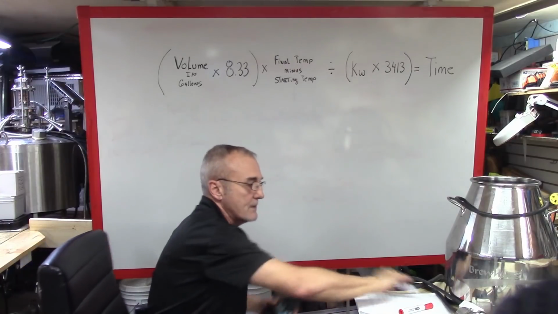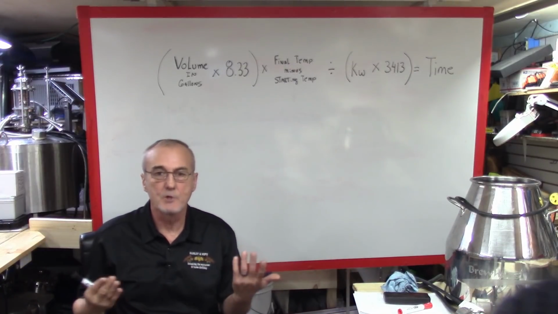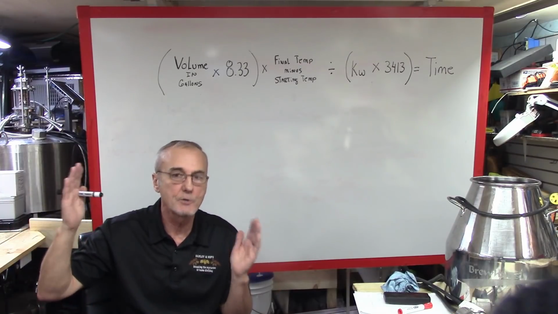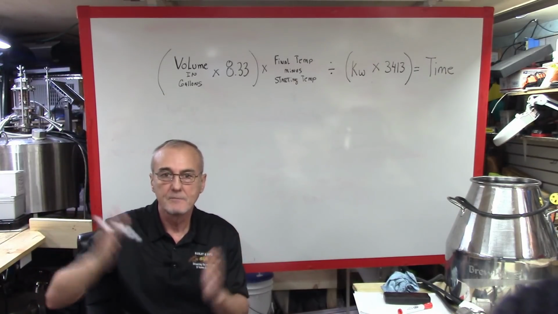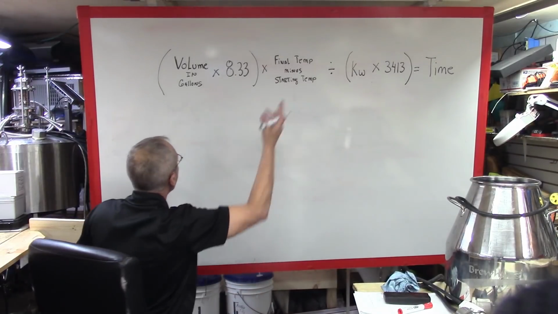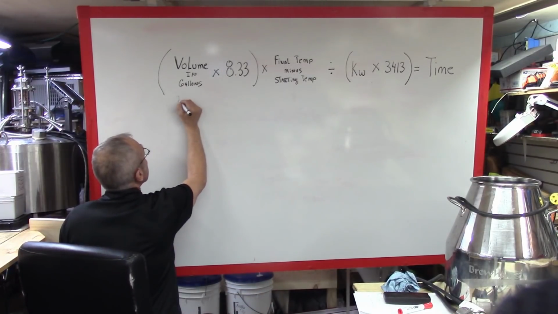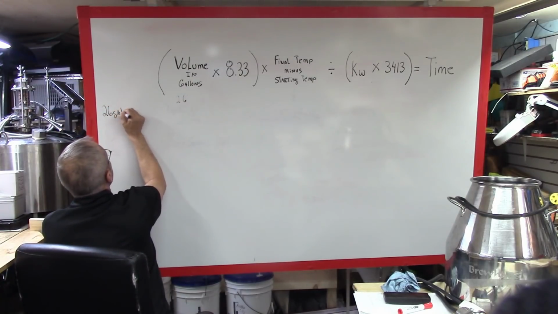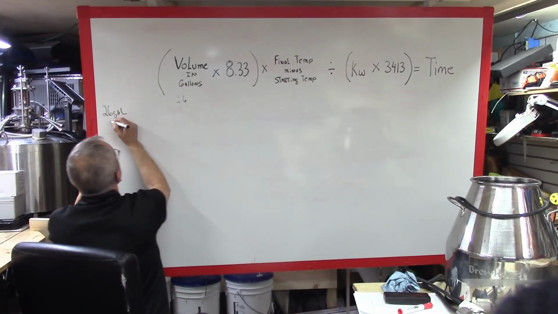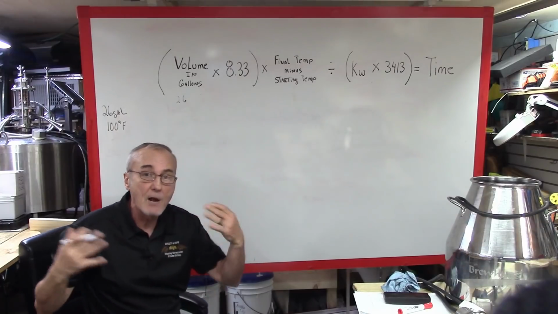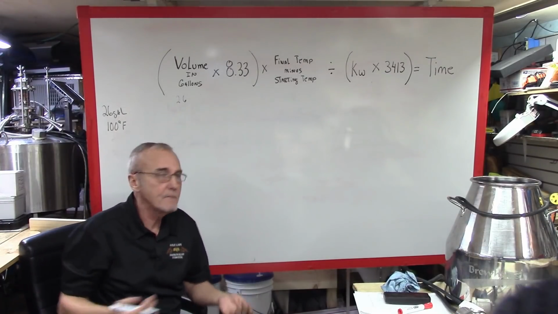What will remain the same is I'm going to go from the same temperature, from 75 to 175. So I've got a 100 degree delta. That's the difference in temperature from start to finish. But in this particular case, I've got a 26 gallon still, and the temperature change that I want to achieve is 100 degrees.